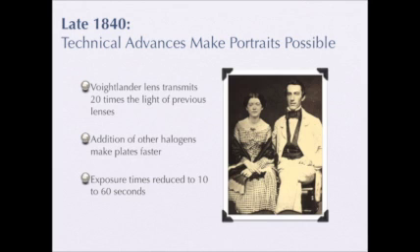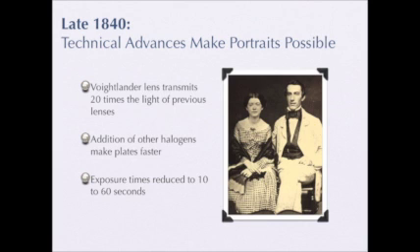There were also additions of other kinds of silver salts to the plate that made the plates a little bit faster. And so what we got were exposure times that were under a minute or thereabouts, sometimes a little longer, sometimes a little shorter, but modifications of the process to speed it up.